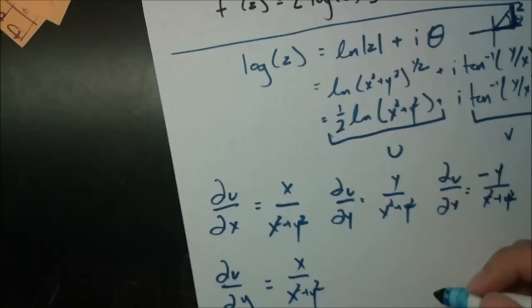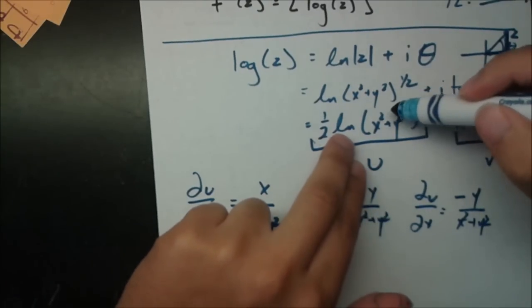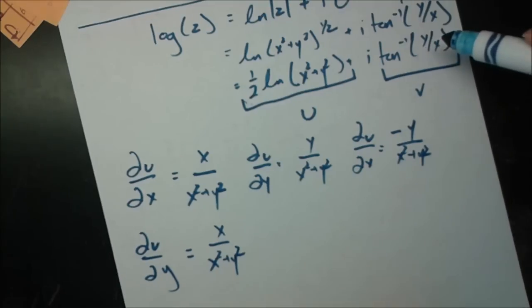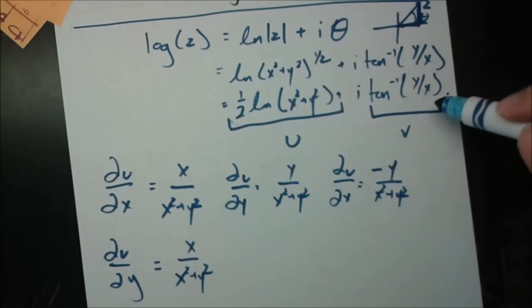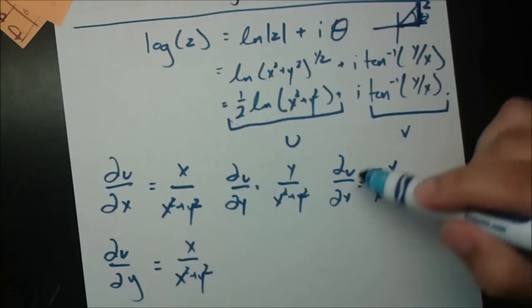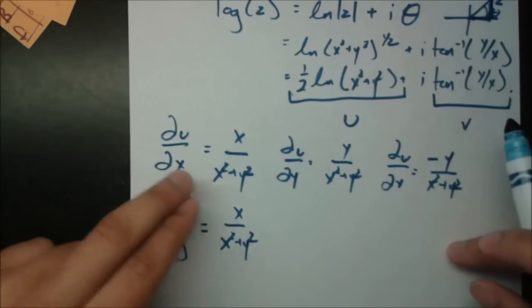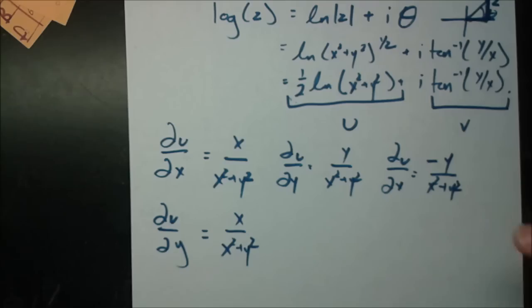How I got these: the ones with u are simpler, just a matter of doing 1 over x squared plus y squared and a chain rule. For the inverse tan derivative, go over it if you forgot it, but this is just the inverse tan for real variables, and you have to do a little bit of chain rule and partial derivative work, but this is what you get in the end. So du dx, du dy, dv dx, dv dy, partial. Now, are the Cauchy-Riemann equations met?